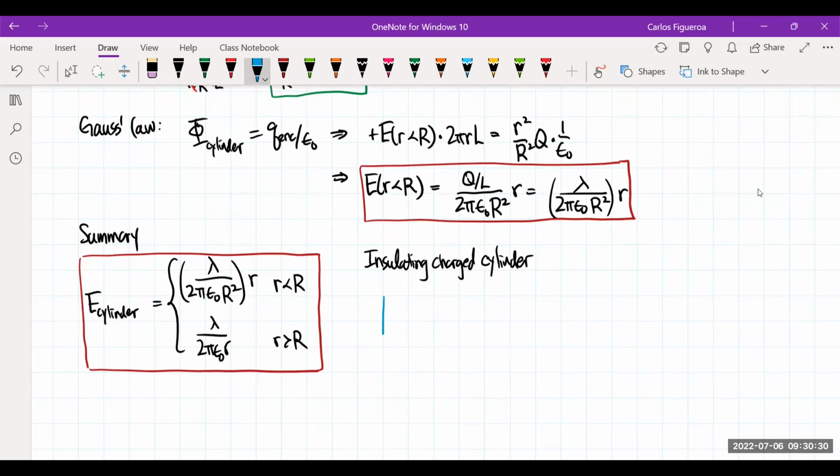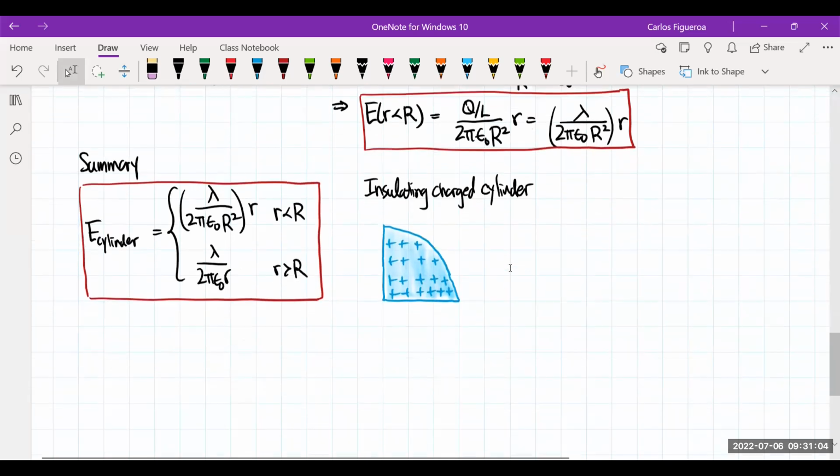I'm going to draw just a quarter of it. Okay, so here's my cylinder. And when I look at my charge, it looks like this. So now my E field looks something like this.